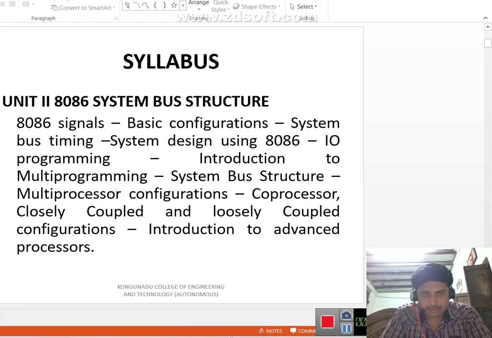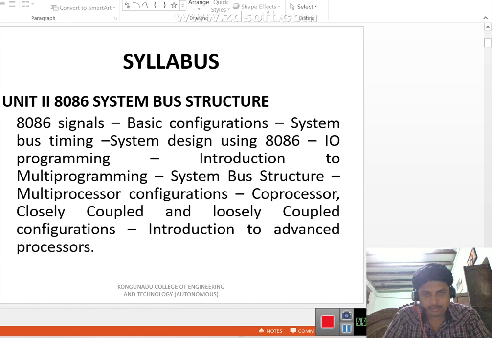Before going into this, let us look at the syllabus frame. First is the 8086 signals. There are two types of configuration available: one is the maximum mode of signal, the other is the minimum mode of signal. Then we are going to discuss system design, how a system is designed using the 8086 microprocessor.